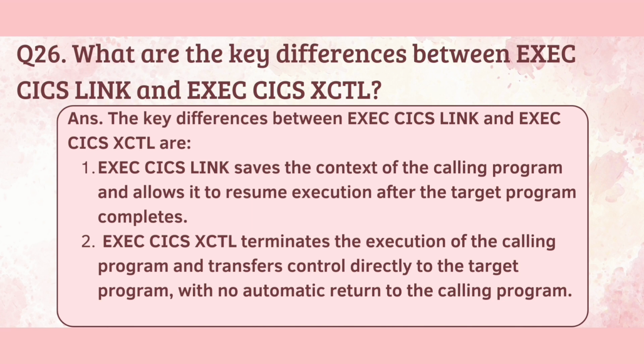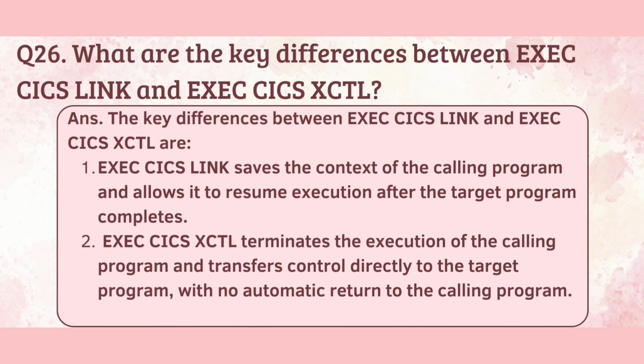The answer is, in summary, the key differences between Xctl link and Xctl Xctl are: Xctl link saves the context of the calling program and allows it to resume execution after the target program completes.